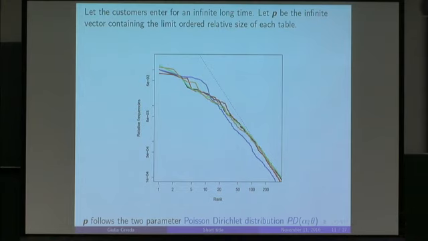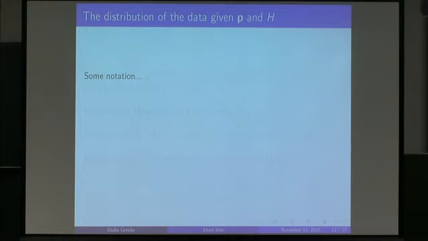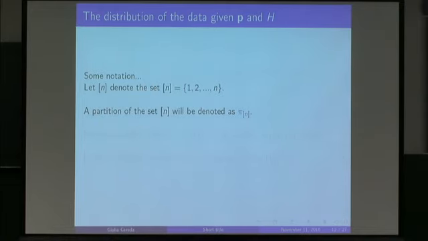Okay, so before going into the detail of the assumptions and the reduction of the data of my model, I want to give you some notation. In this talk, we will denote by square bracket n the set of integer numbers from 1 to n, and by pi n a partition of this set.